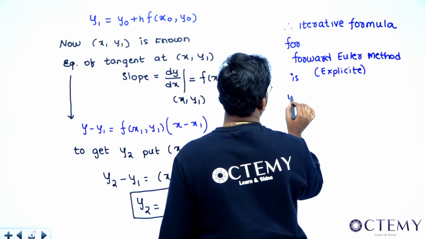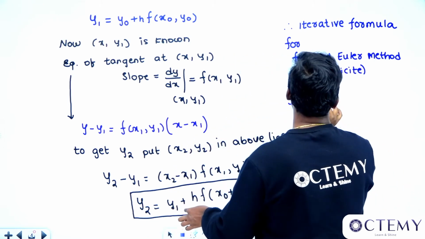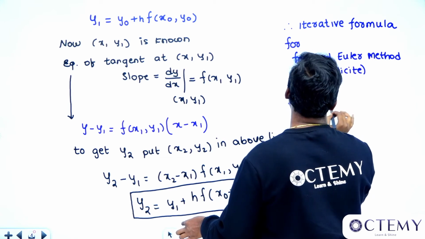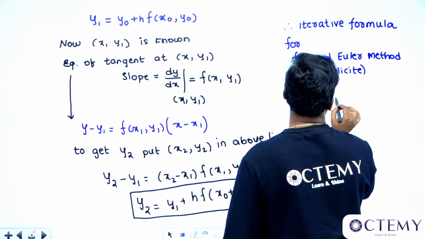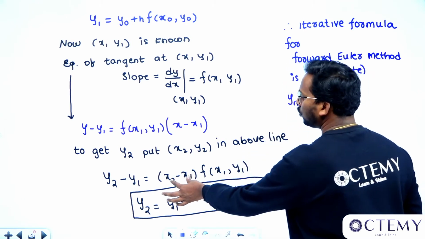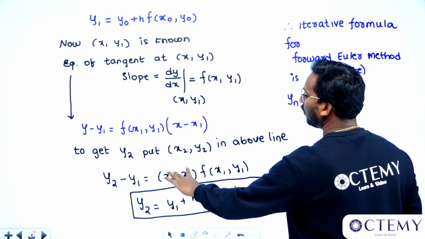When you want y2, you use yn minus 1 plus h times f. The difference x2 minus x1, x3 minus x2, up to xn minus 1, will always be h.